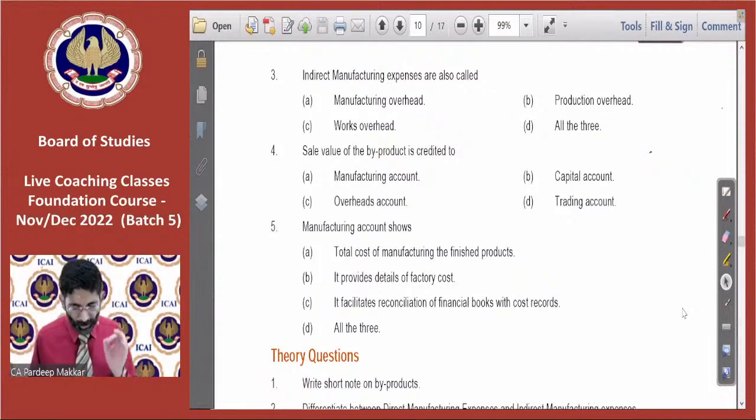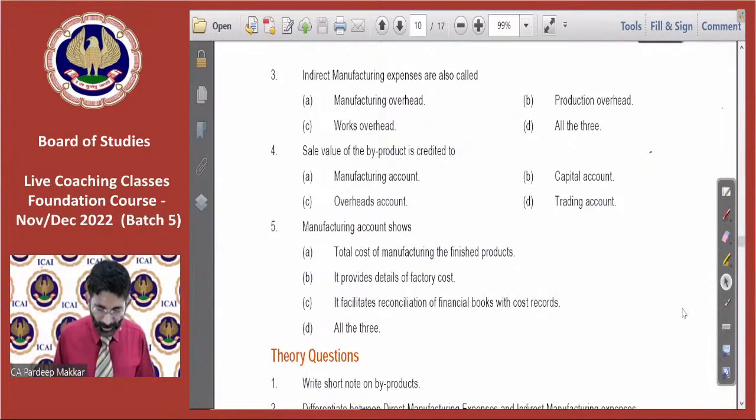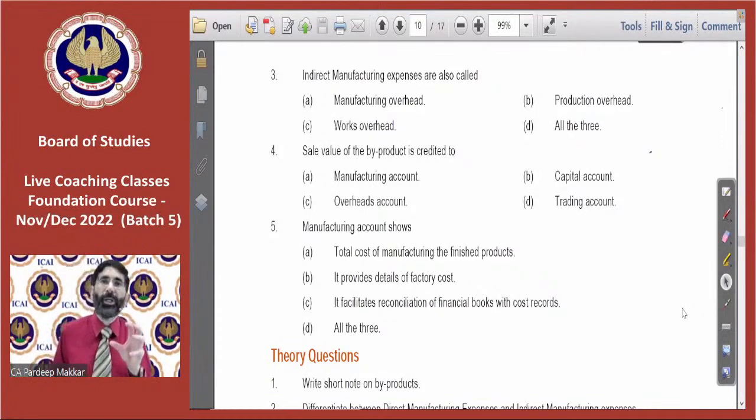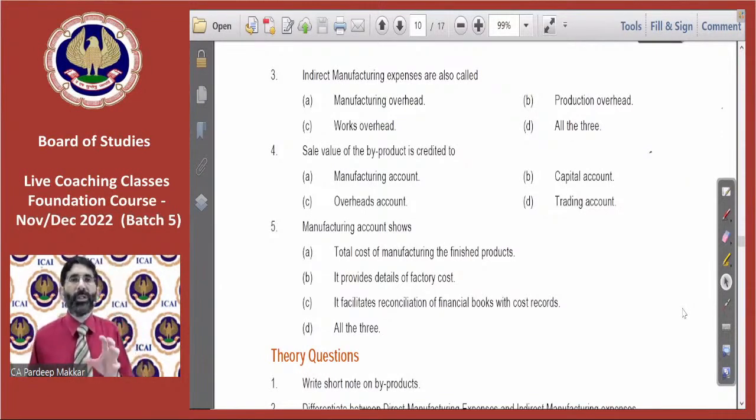Manufacturing account shows total cost of manufacturing the finished products, obviously right. It provides details of factory cost, obviously right. It facilitates reconciliation of financial books with cost records, exactly. This is basically a cost account, cost records. This shows us how we have incurred expenses on manufacturing of our product. So this is basically a cost record also. So in simple words, all three are correct if you understand. So answer is D.